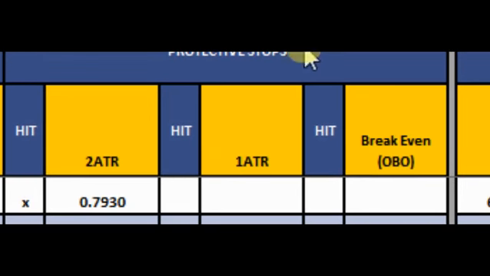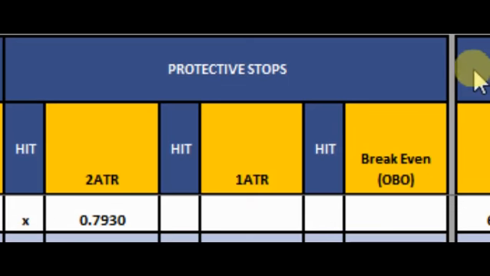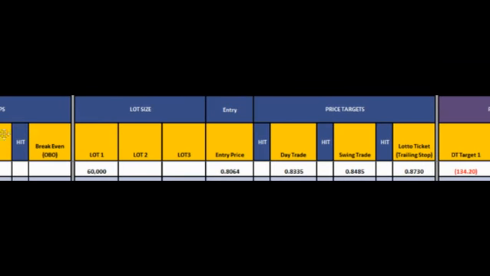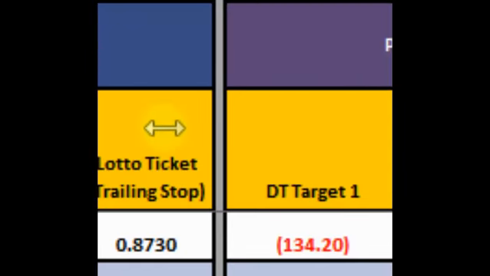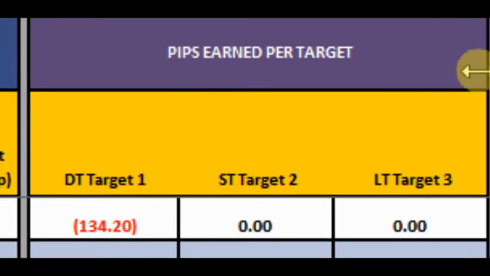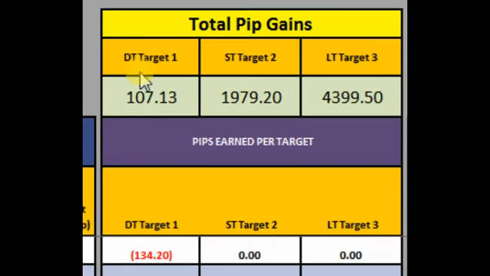And here is the set strategy that was used: stops, entries, and targets on the full position that was dictated by the money management rules, for a total loss of 134 pips on this particular trade, decreasing the amount of pips earned on the target 1 exit point from my overall trading strategies.